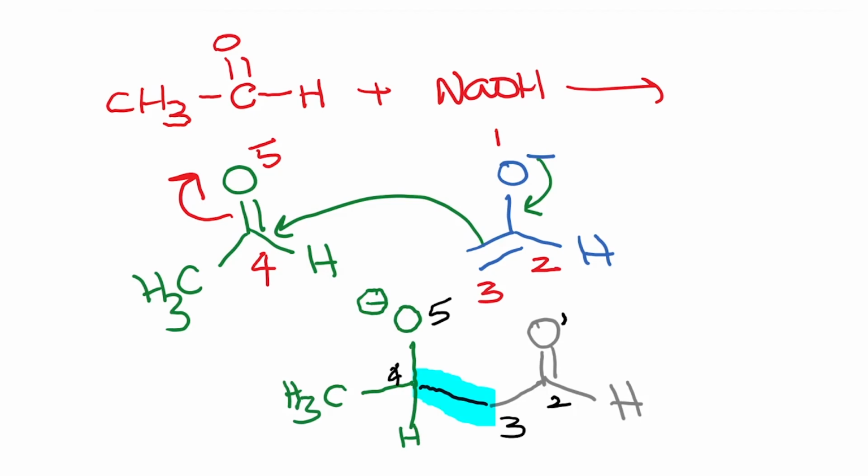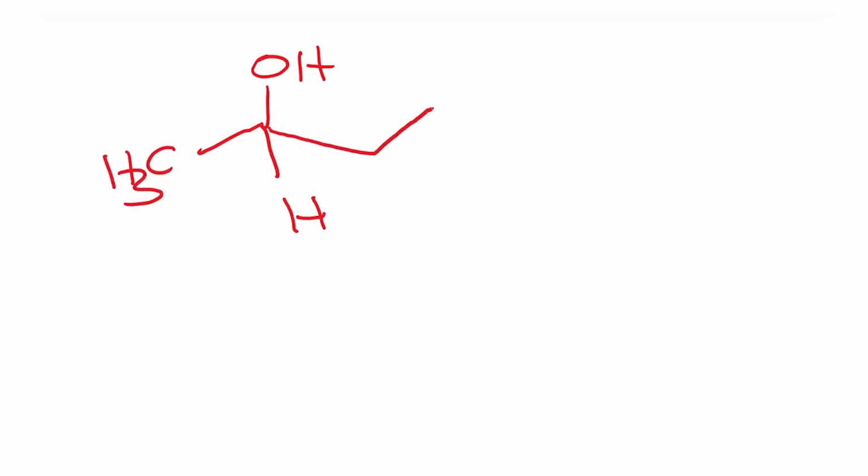Okay, so this reaction, I will just draw it out on the next page. The product of this reaction is called the aldol. So this is OH, H, CH3, and there's an aldehyde over here.